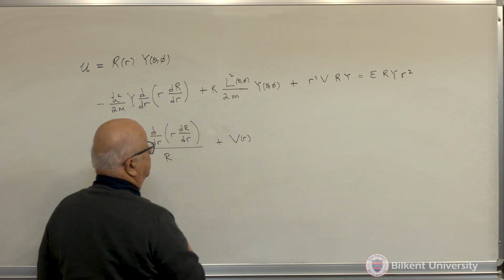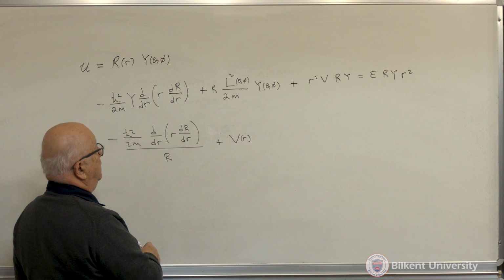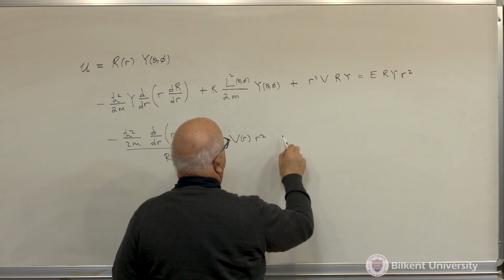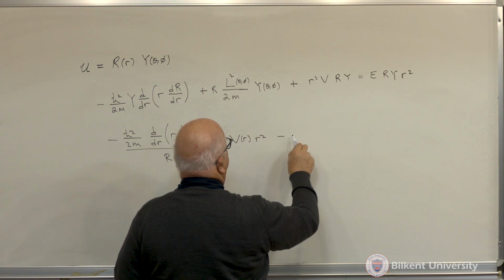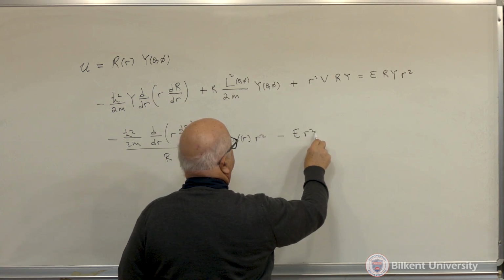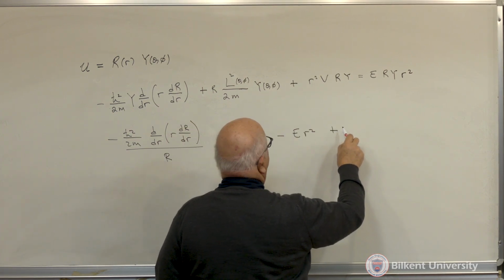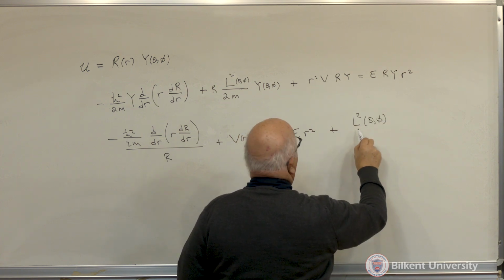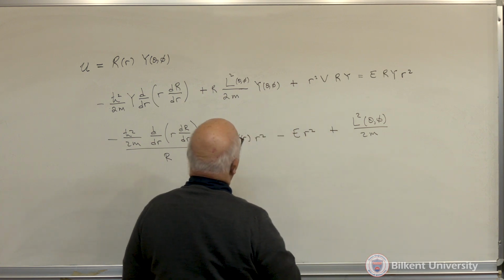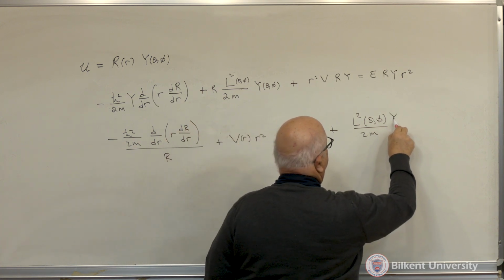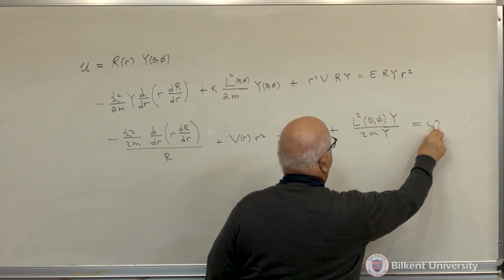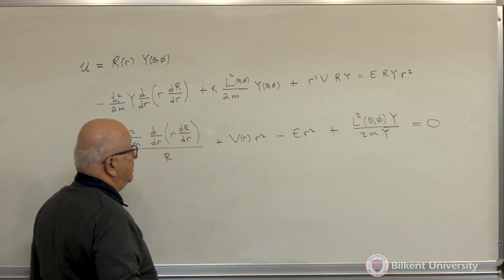Plus, maybe I'll just put this over here also, minus E r squared plus L squared of theta phi over 2m, operating on Y divided by Y is equal to 0. So I have an equation like this.